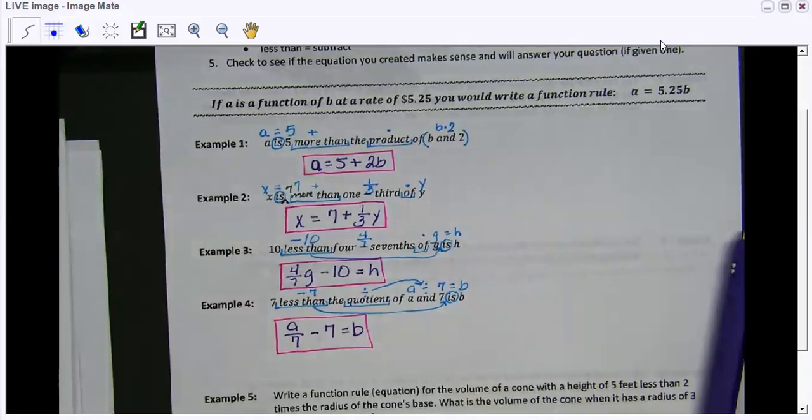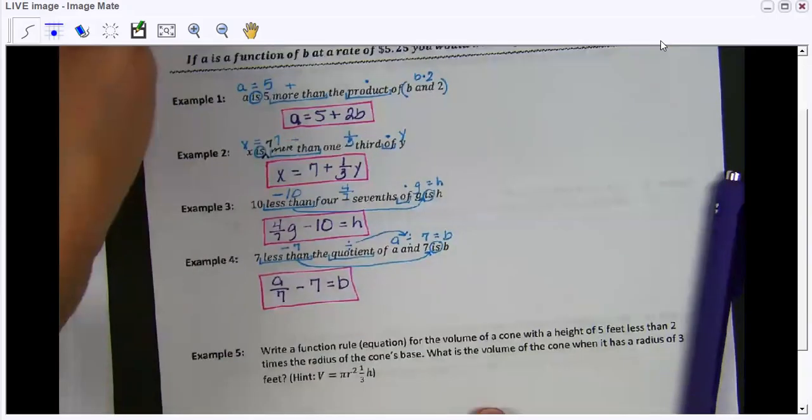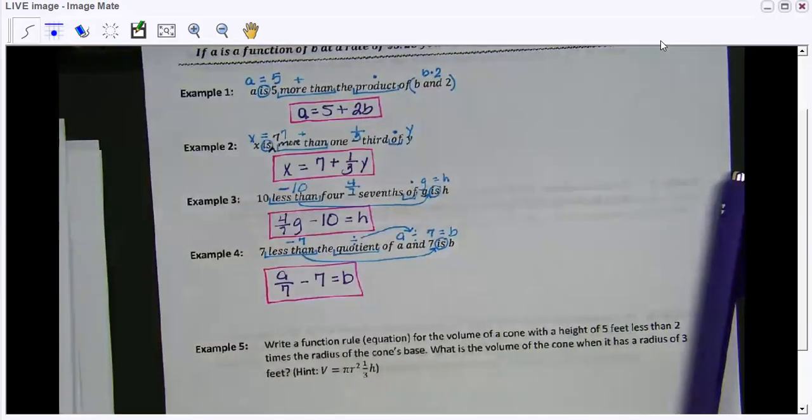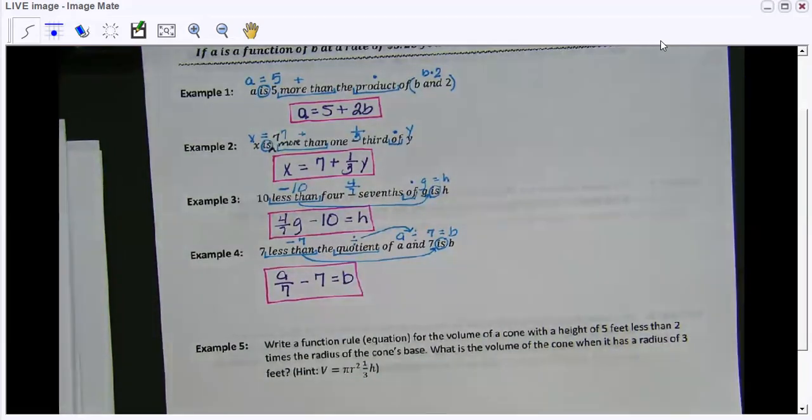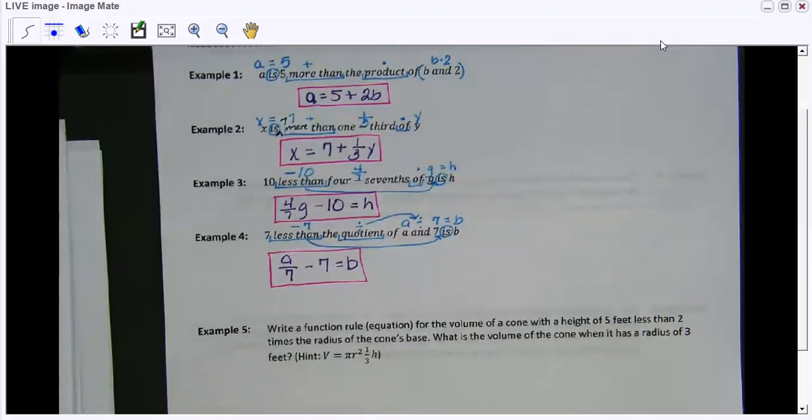Next, we are going to get to example 5, and this is a little bit more complex. We're going to have to use a formula that we probably do not use very often, and it is the volume of a cone. The purpose of this example is to show you how we plug in expressions into an equation to solve for an unknown.